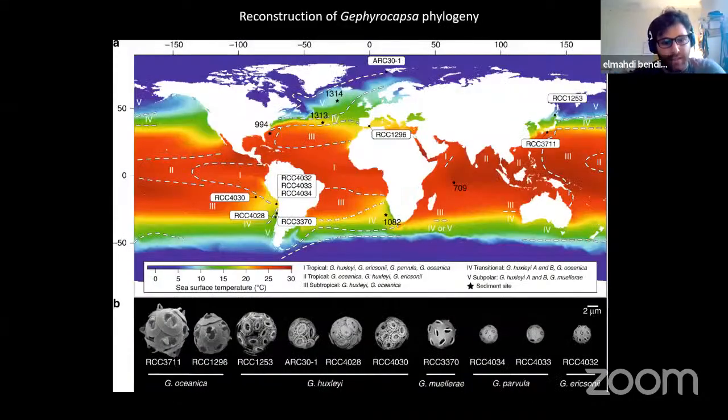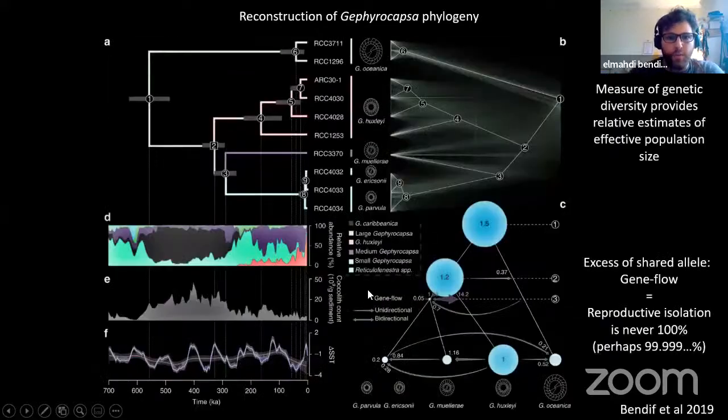As a first study, we worked on 10 strains of the Gephyrocapsa complex that encompassed quite a large diversity of the group. They were coming from different parts of the world. So we reconstructed the phylogeny for those 10 strains.